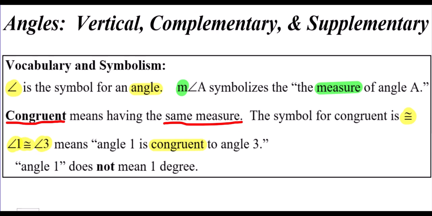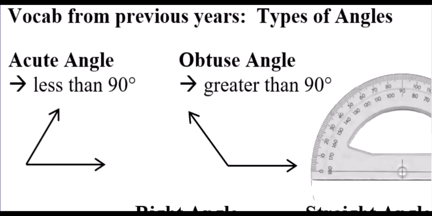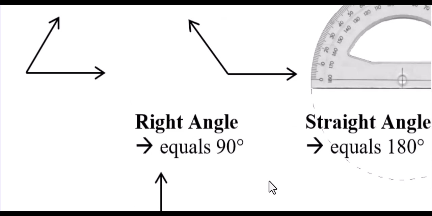Now, before we go any further and get into the new vocabulary that we're going to learn here at the 7th grade level and pre-algebra level, let's talk about stuff from previous years of math. Categories of angles: acute angles, obtuse angles, right angles, and straight angles.